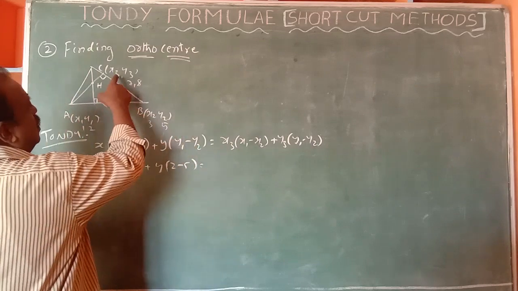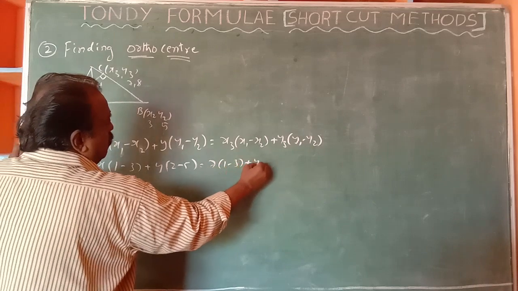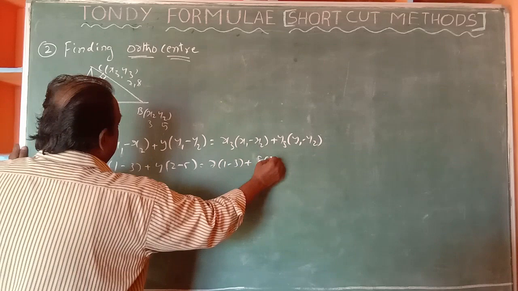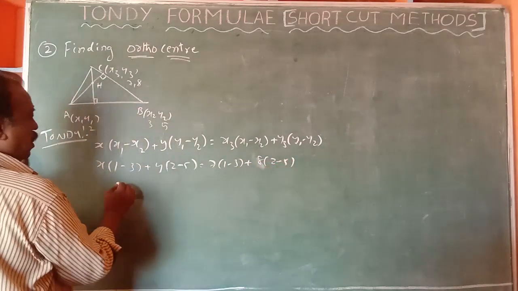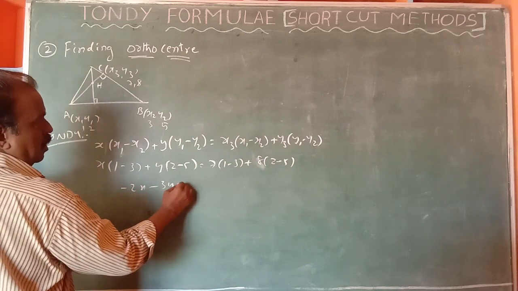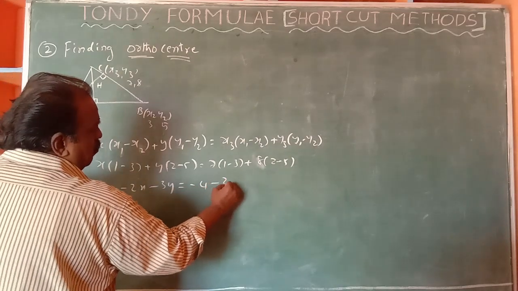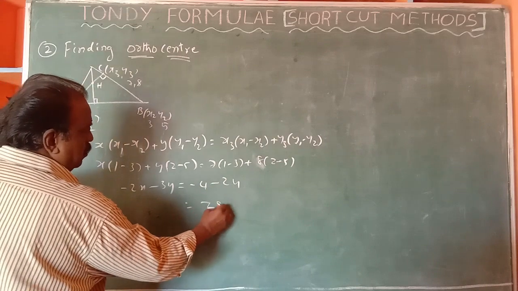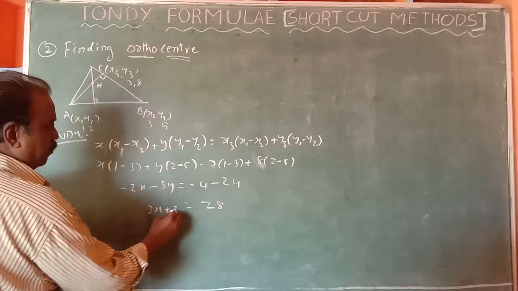Now it is minus 2x minus 3y is equal to minus 14 minus 24, that is minus 28. So it is 2x plus 3y equals 28.